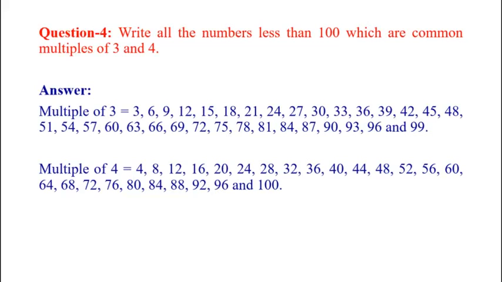Then multiples of 4 are 4, 8, 12, 16, 20, 24, 28, 32, 36, 40, 44, 48, 52, 56, 60, 64, 68, 72, 76, 80, 84, 88, 92, 96 and 100.